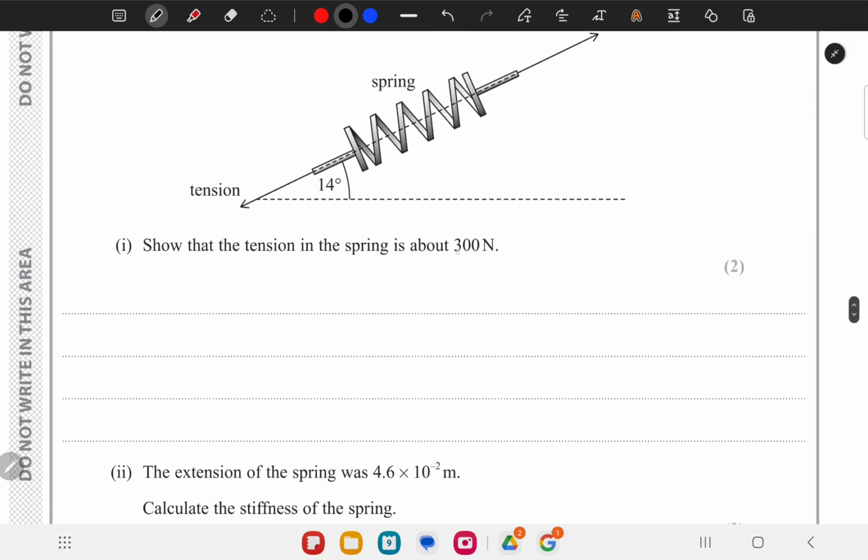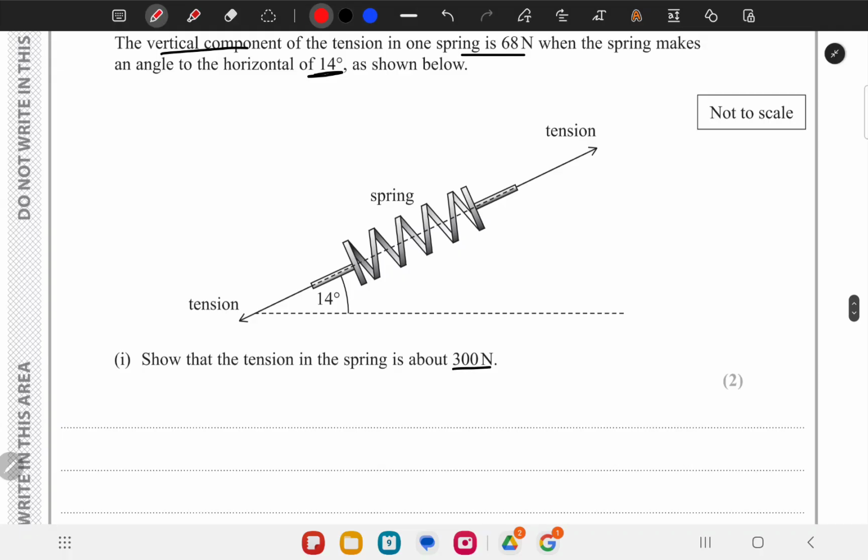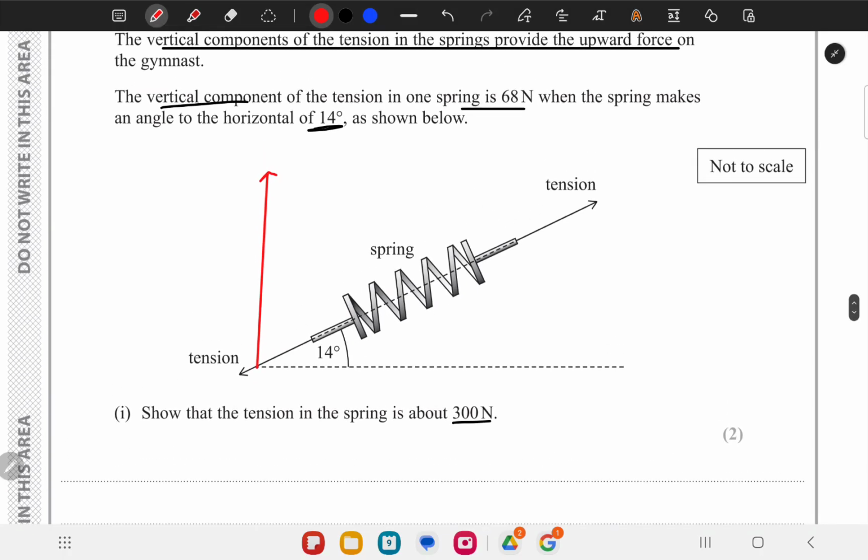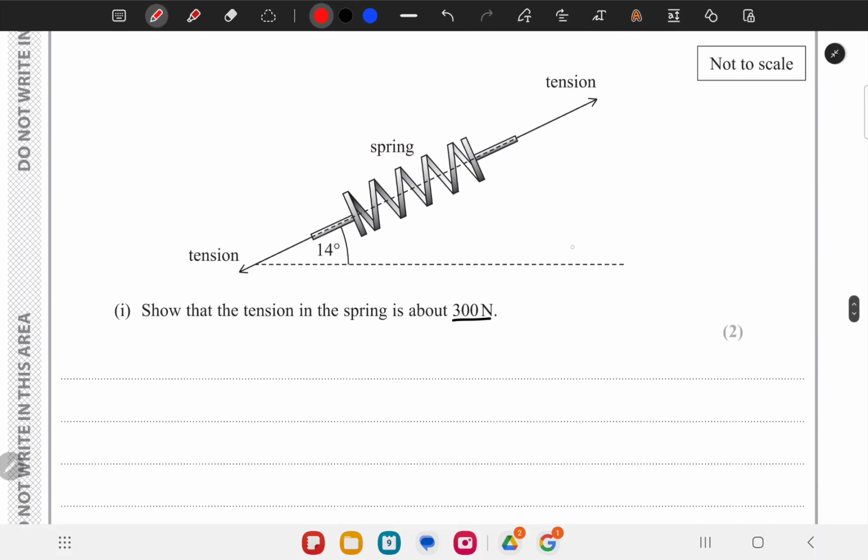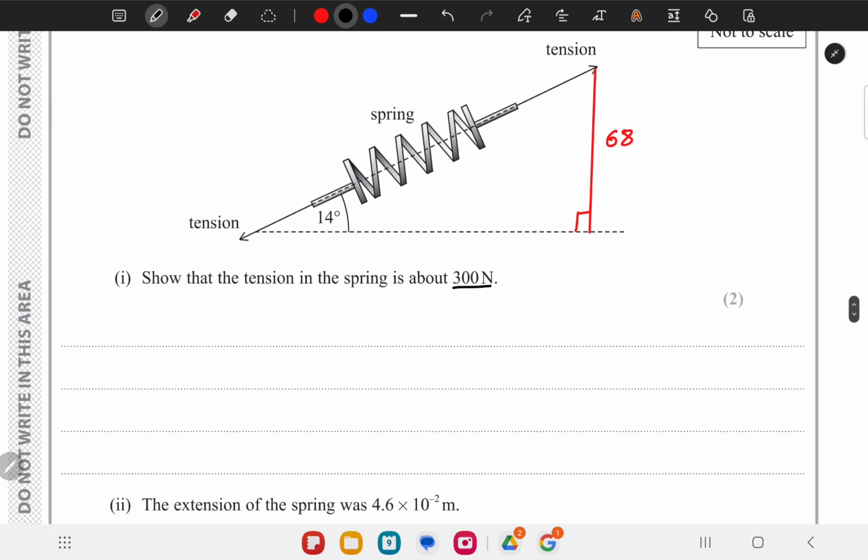We have to find the tension in the spring. So the vertical component is 68 newtons. From here we have to find the hypotenuse, or the actual tension.